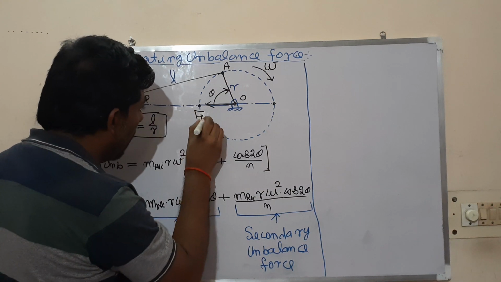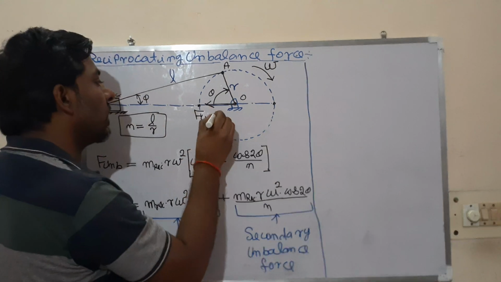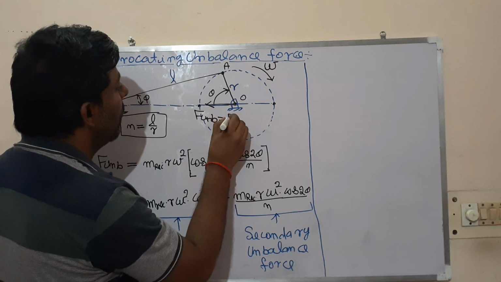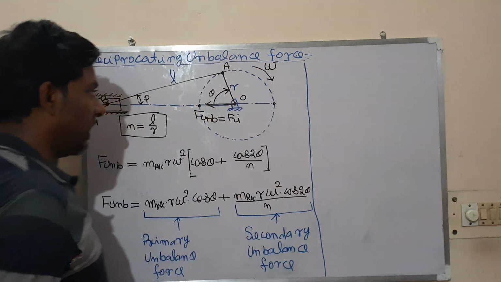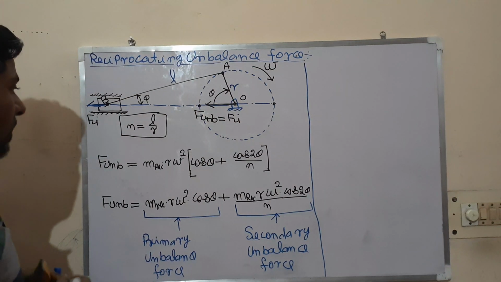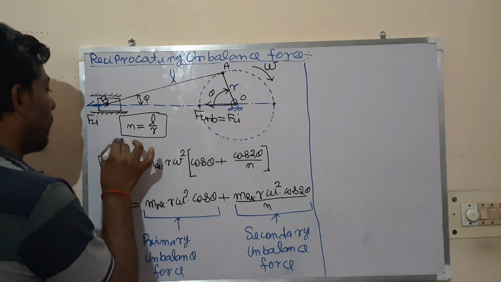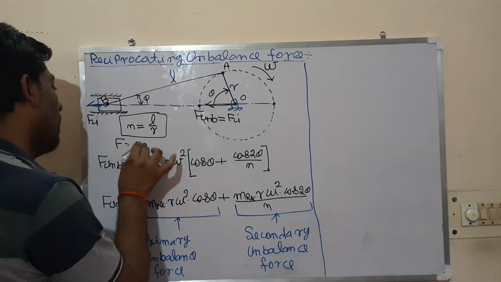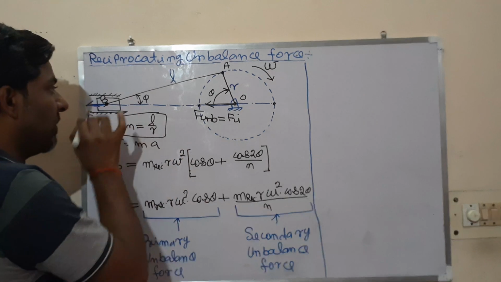So the unbalanced force F on the system is equal to the inertia force. We know that net force F is equal to mass into acceleration of the piston.